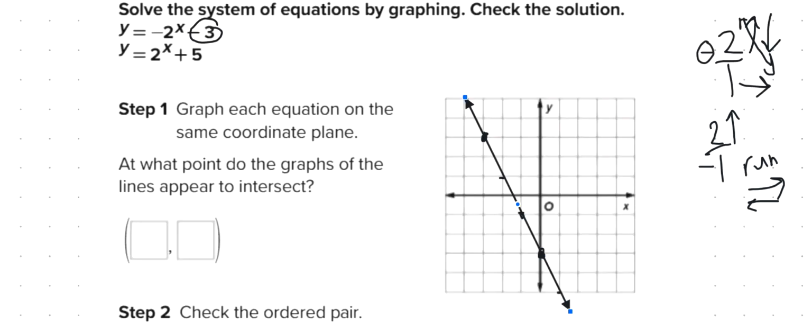That's the first equation. Now I'm going to graph the second equation, which has a y-intercept of 5. So I'm going to start at 5: 1, 2, 3, 4, 5, right here. It has a positive slope of 2 over 1, so I'm going up 2 and advancing 1.